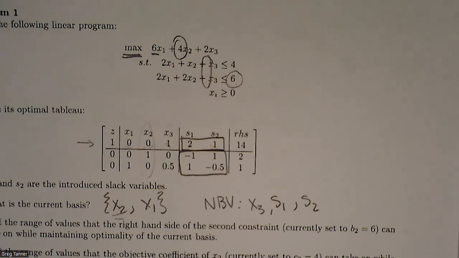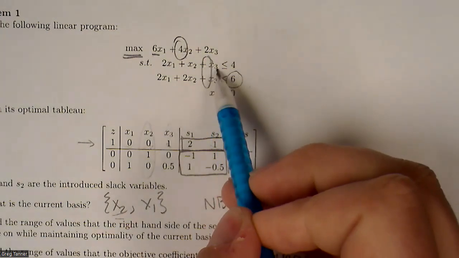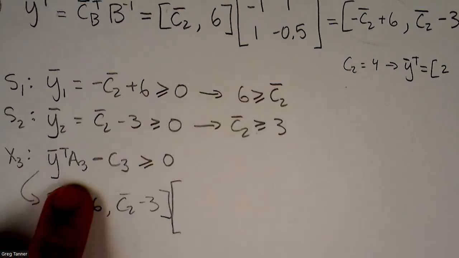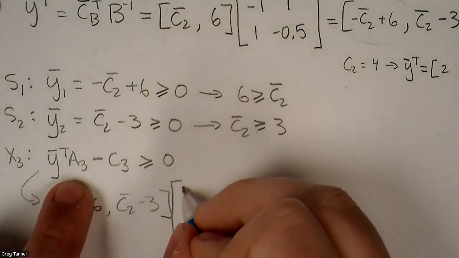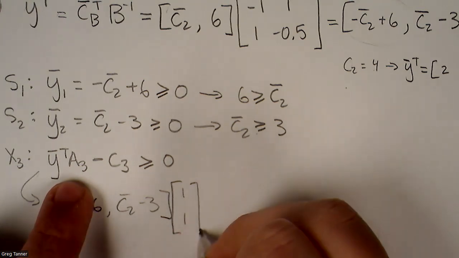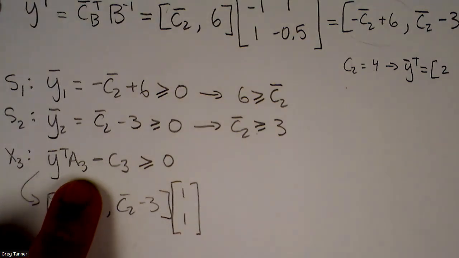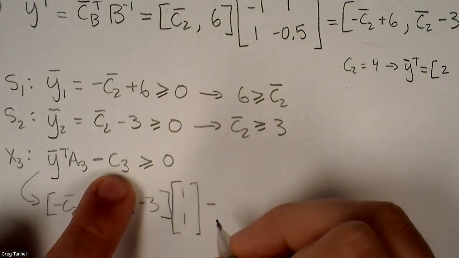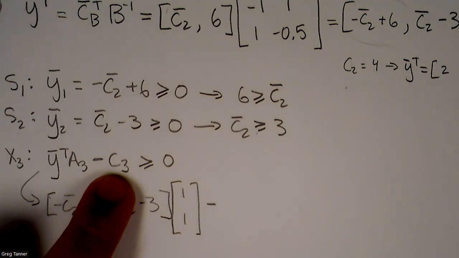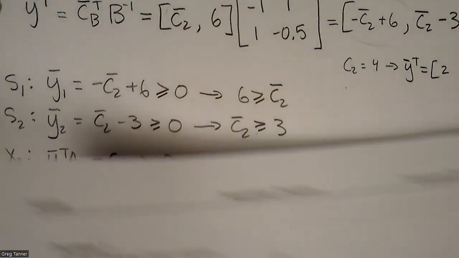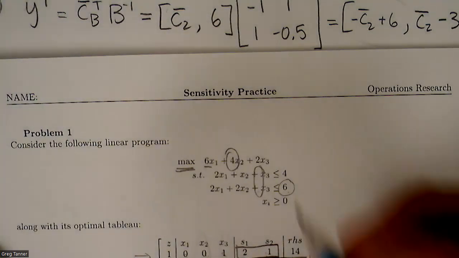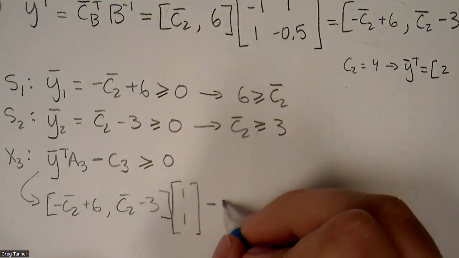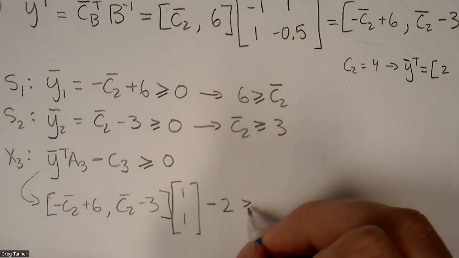So 1 and 1 are the coefficients of x3 in the first constraint and in the second constraint, and our A3 vector is 1 and 1, the column of x3 in the constraint matrix. Then we need to subtract off the current value of C3. The coefficient of x3 in the objective is 2, so we get minus 2, and that needs to be greater than or equal to 0.